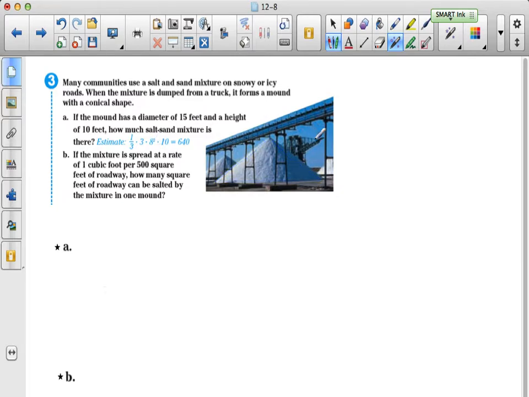So we want to find the volume of that particular cone. That's for letter A. Letter B: if the mixture is spread at the rate of 1 cubic foot per 500 square feet of roadway, how many square feet of roadway can be salted by the mixture in the mound? Letter B is easier to solve if we know what letter A is.